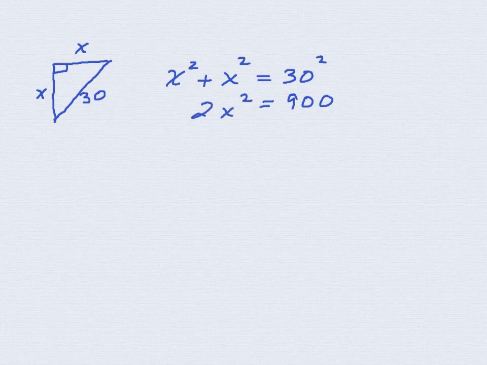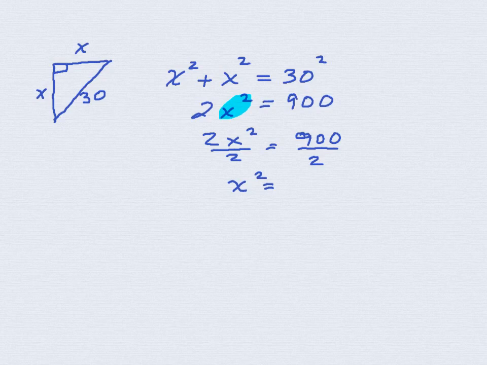Our job is to solve for x. We want to get the x by itself. So the first thing you're going to have to do is eliminate the 2. You're going to have to divide both sides by 2 to get rid of the coefficient. So you're going to be left with x squared equals 450.